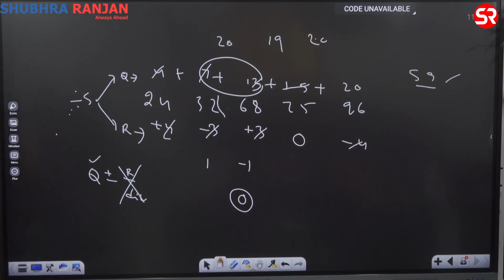Once you understand the remainder theorem, dividend by divisor equals quotient plus or minus remainder by divisor, you can easily do all the numbers.